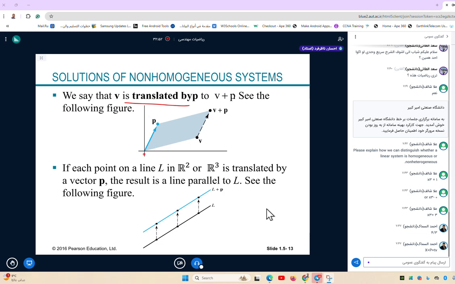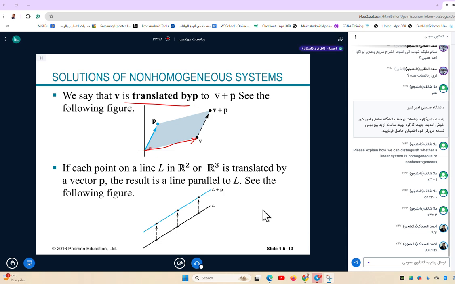See the following figure. So this is vector P, and this was vector V, and the result of V plus P means adding this one. You can have P here, and then adding two vectors will be this one.